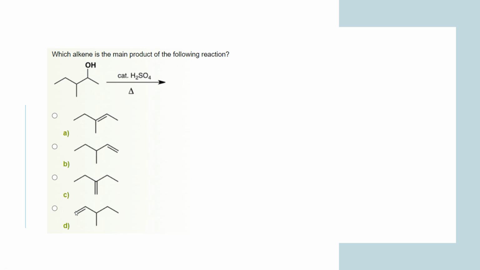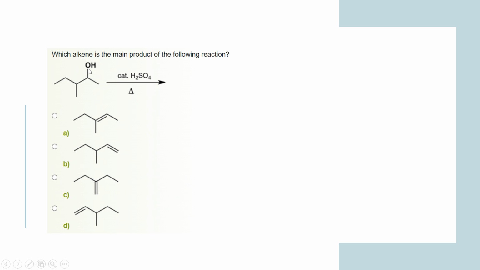Just now in the previous question we saw that when it comes to acidic dehydration of alcohols, we expect the Saytzeff product, where the carbon-carbon double bond will be most substituted. So, let us discuss the mechanism once again. What happens?